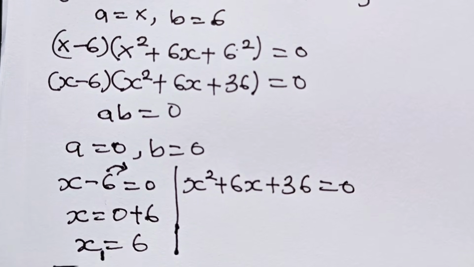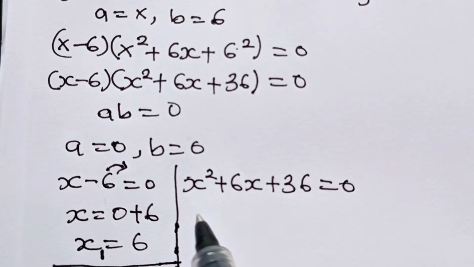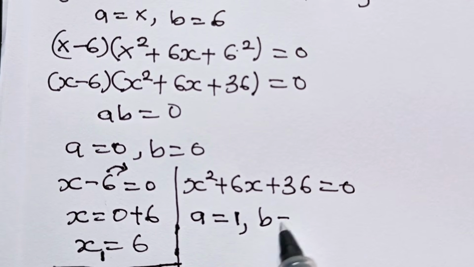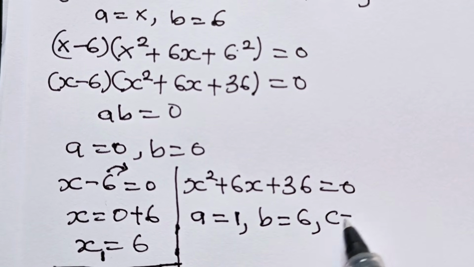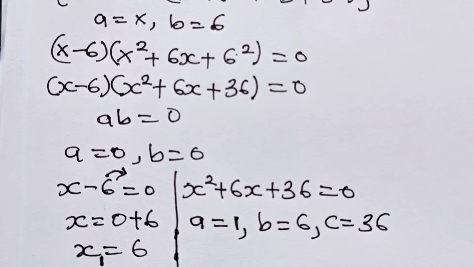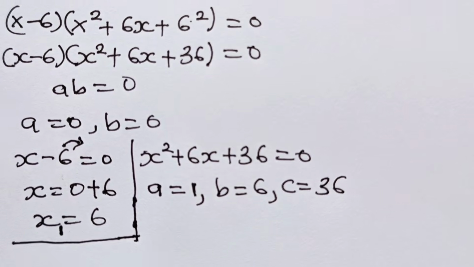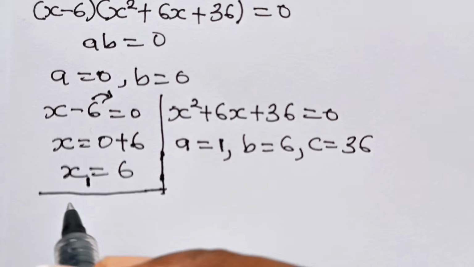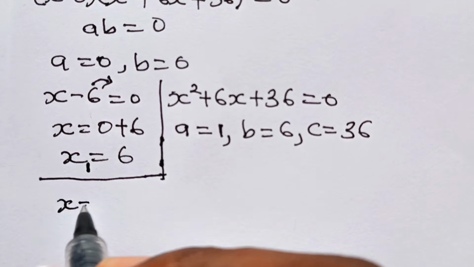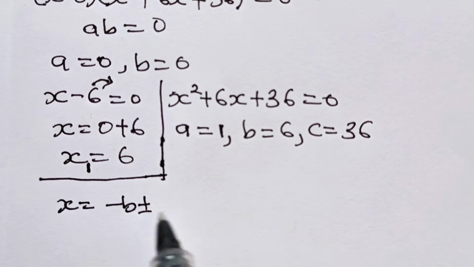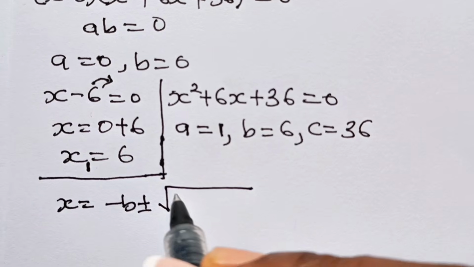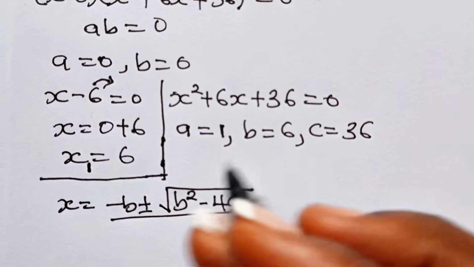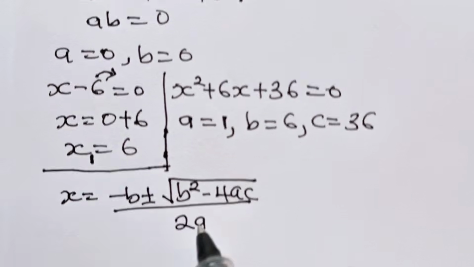Now for the second one, here our a is equal to 1, our b is equal to 6, and our c is equal to 36. Now using the quadratic equation formula that states that x is equal to minus b plus or minus square root of b squared minus 4ac, everything divided by 2a.